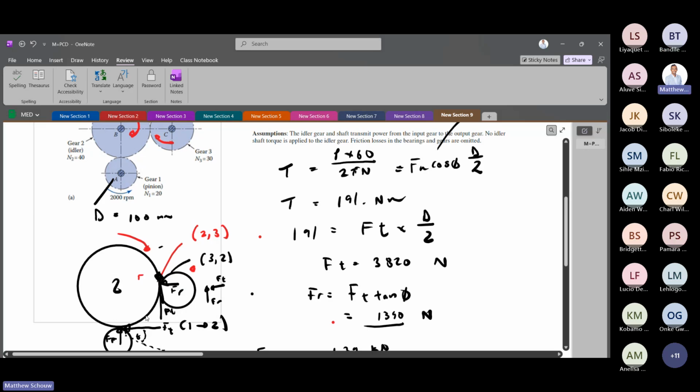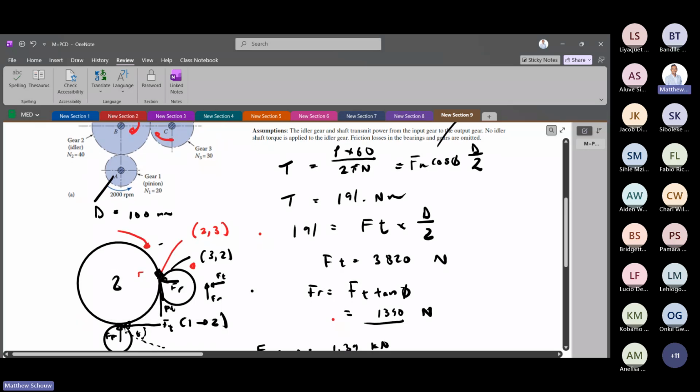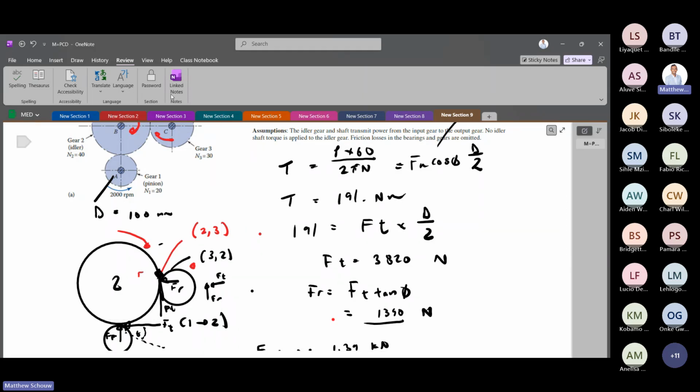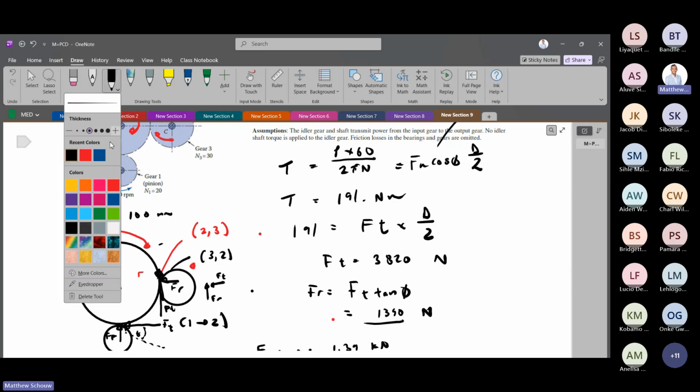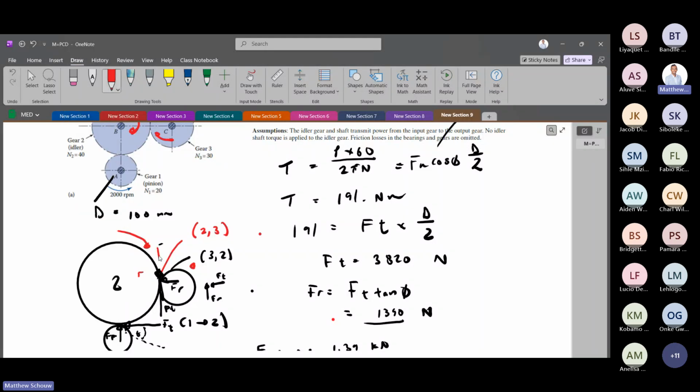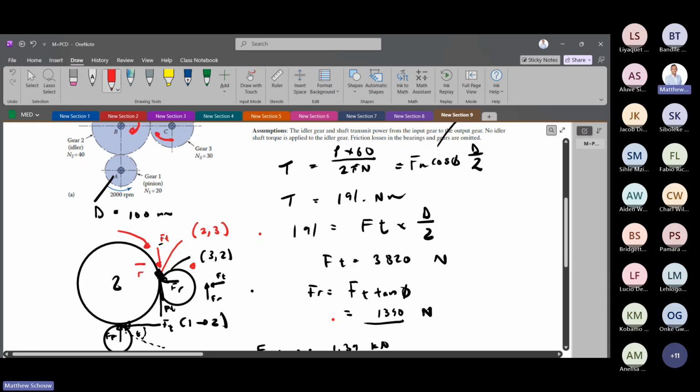If you're looking simply at these ones over here, the forces transmitted from gear 2 to gear 3, you'll notice it'll be FT this way, and then FR that way. So FR is always pushing the gears apart, in opposite and equal magnitude to these ones over here.